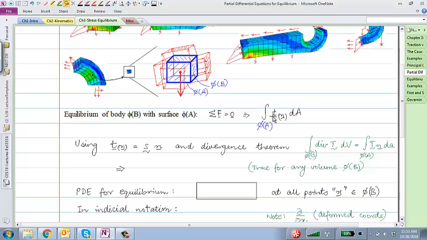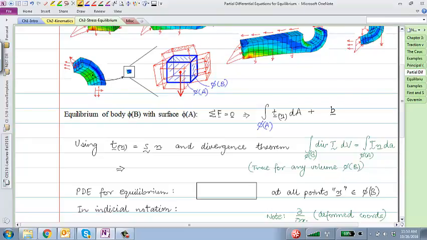I need to do tractions dA, integral over the entire surface of the deformed body, or the deformed part of the body. That takes care of all the external tractions. I also need to add body forces to it.